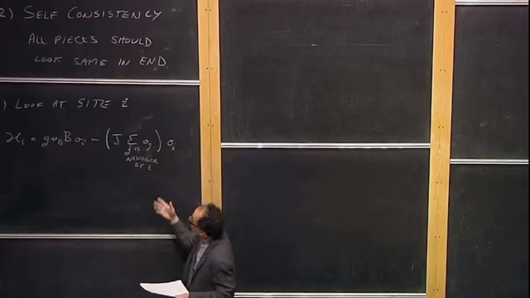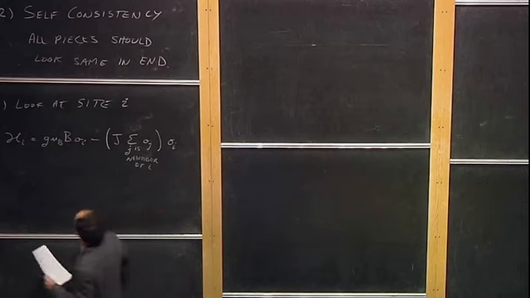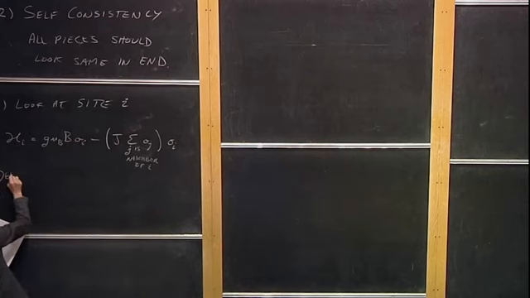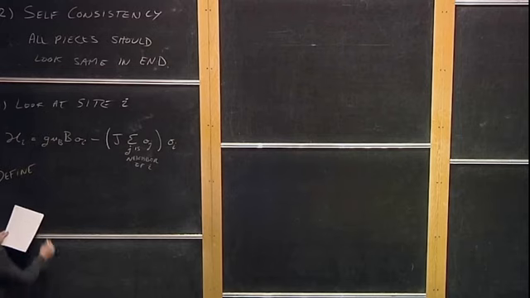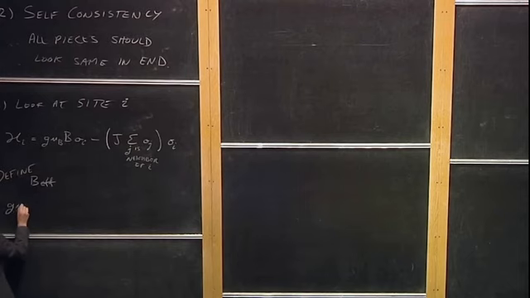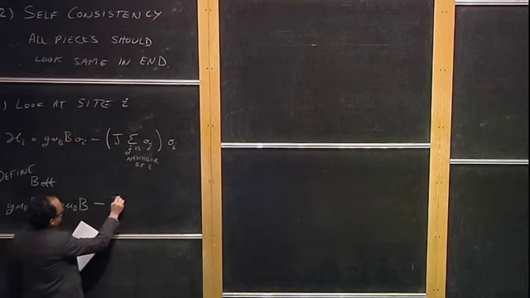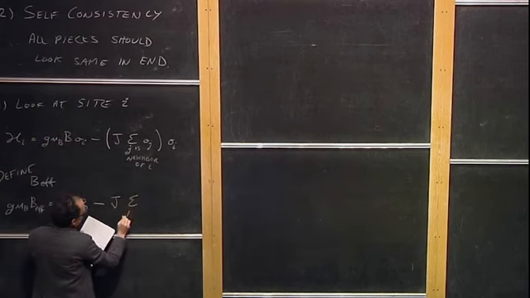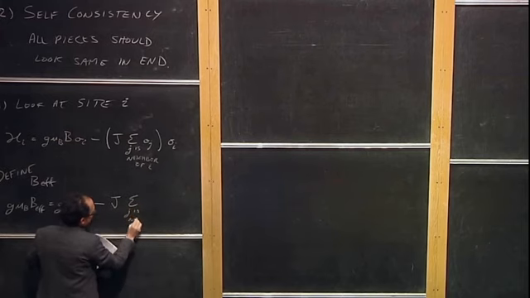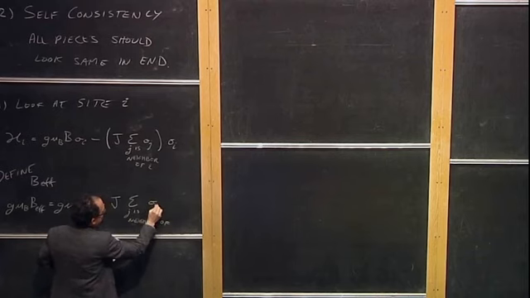All right. So this looks a little complicated. Let's see if we can simplify it a little bit. We'll define an effective magnetic field, B effective, via the following equation: g mu B, B effective, equals g mu B, the actual magnetic field, B external, plus or minus the influence of the neighbors, J times the sum over small j a neighbor of i, sigma j.